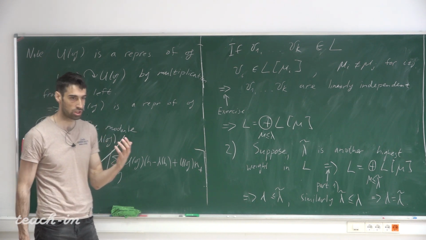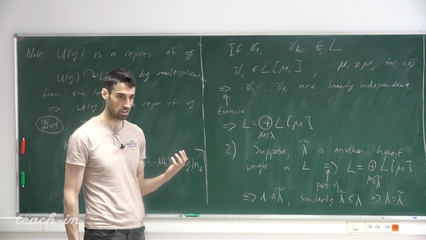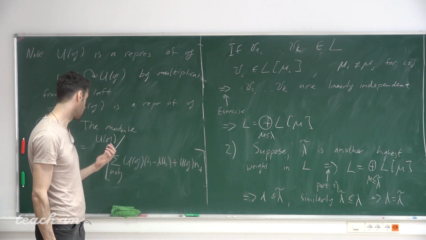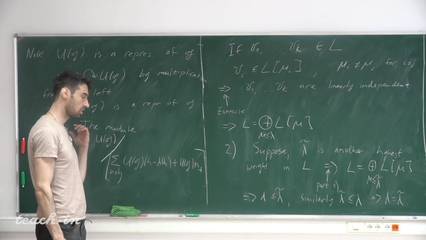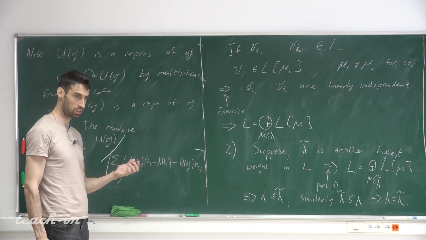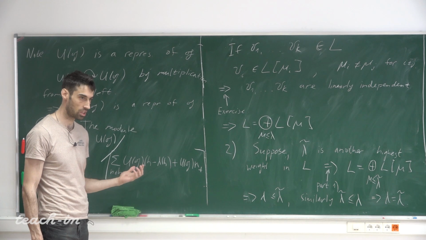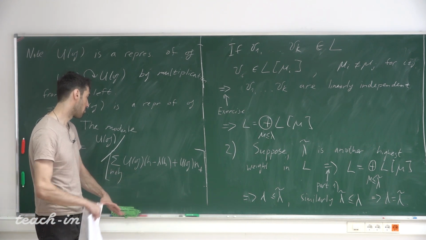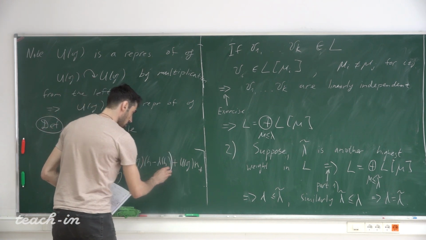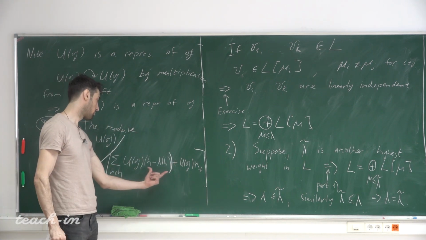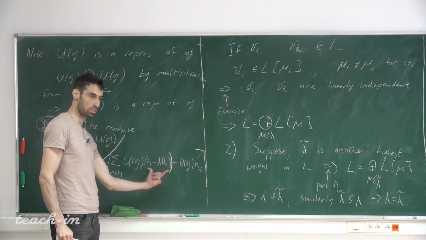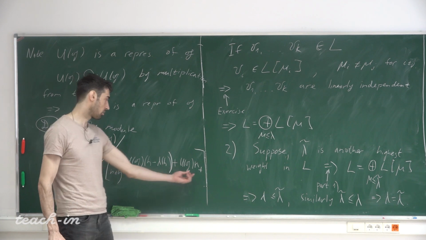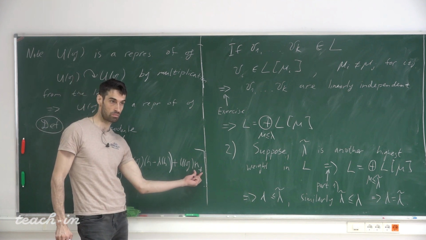In an associative algebra, you can have ideals, like left ideals and right ideals. A left ideal means that if you multiply by some elements of U of G from the left, you're still in this ideal. So this is a left ideal, and it is generated by all these elements, where h is in the Cartan subalgebra, and by all elements of n plus.